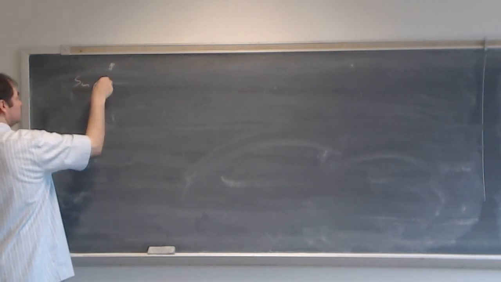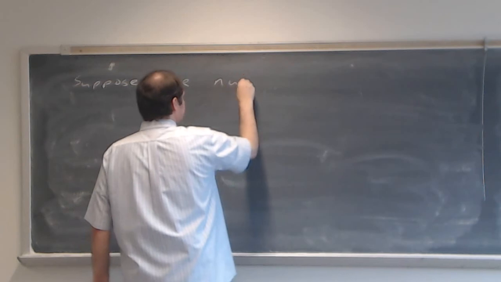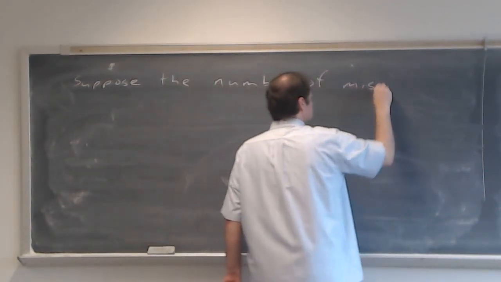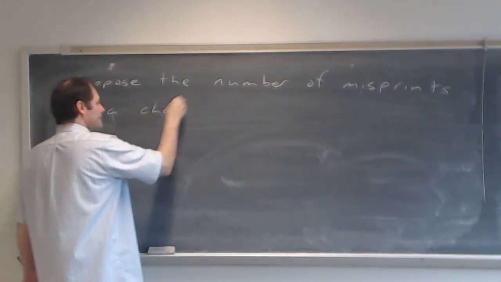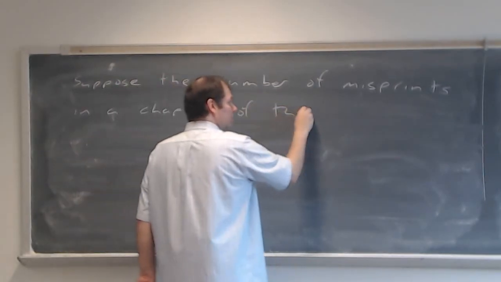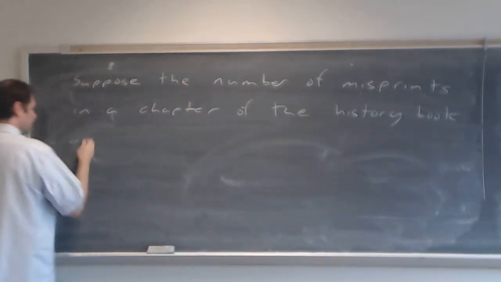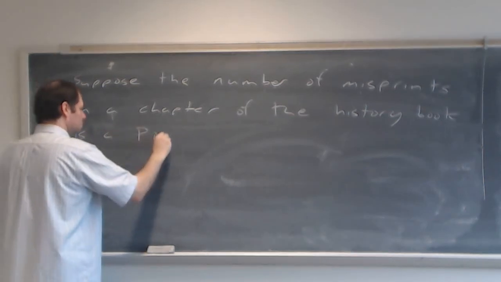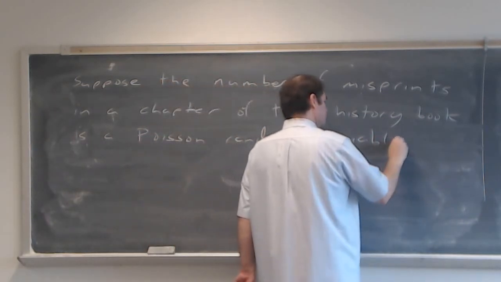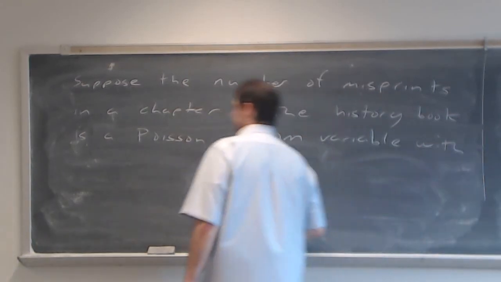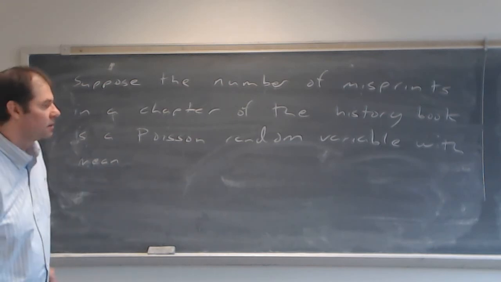Let's also suppose the number of misprints in a chapter of the history book is a Poisson random variable with mean two.